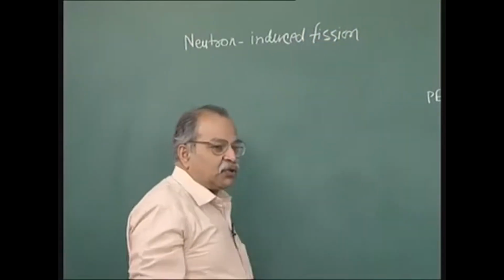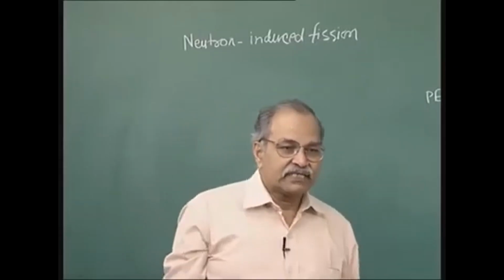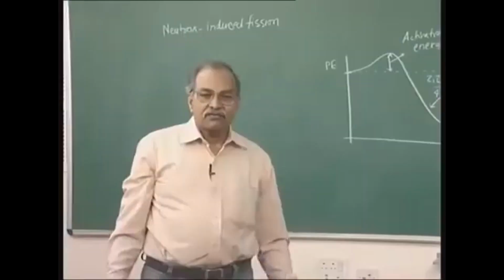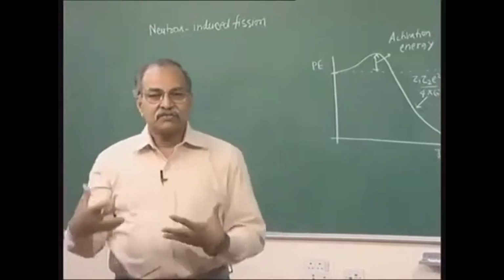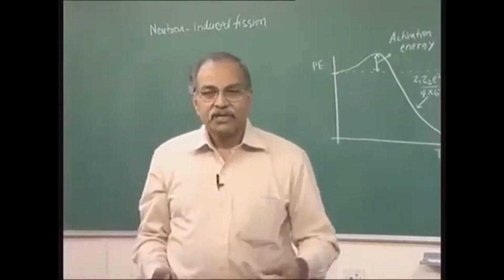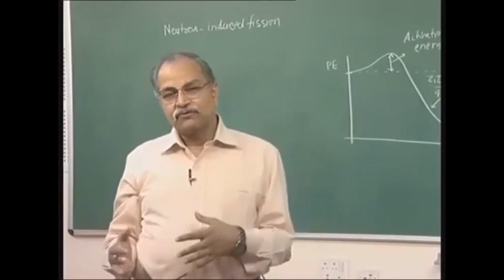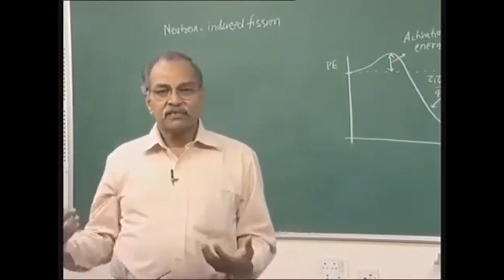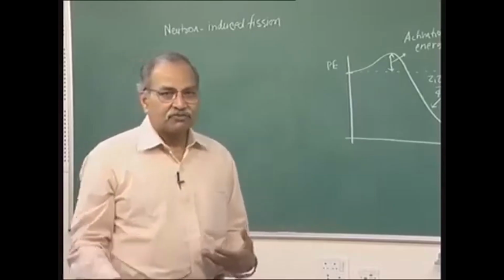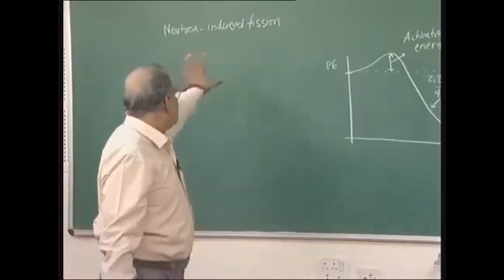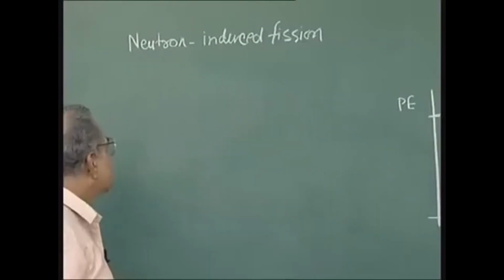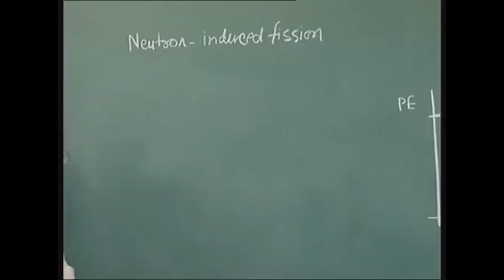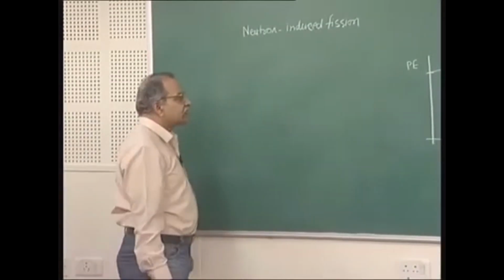That is how this whole field was started, as we discussed last time. Historically, fission was discovered in an experiment in which neutrons were bombarded on natural uranium, and then barium and other chemical elements were found. So, neutron induced fission is one of the very important fission reactions, used in all nuclear reactors and so on.